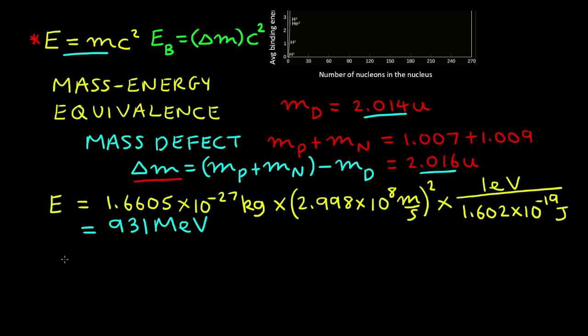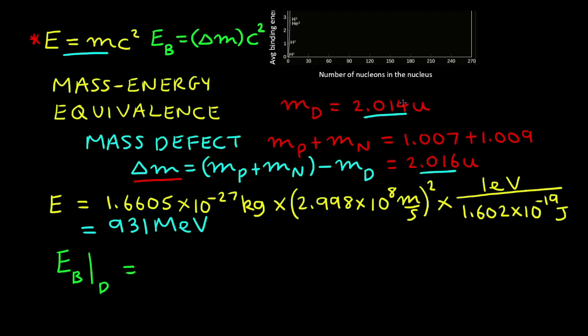So from this, we can calculate the binding energy of deuteron by multiplying the mass defect, which is delta M, equal to the mass of a proton plus the mass of a neutron, being 2.016, minus the measured mass of deuteron, which is 2.014 atomic mass units.